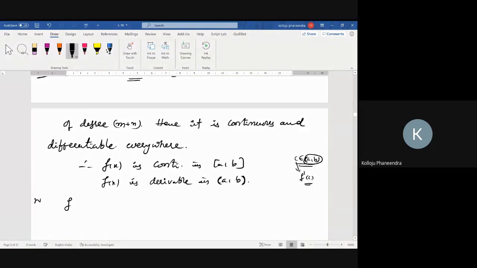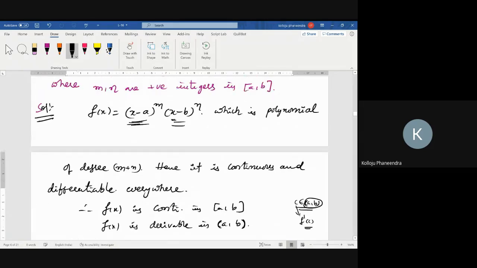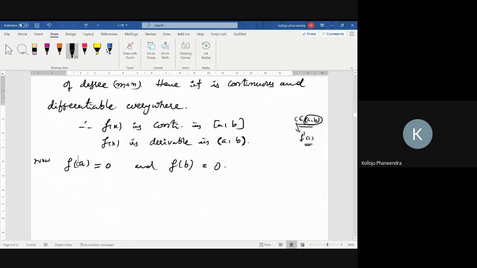Now, what is f of a? Clearly, a minus a, that is 0. And what is f of b also? If I put x equal to a and x equal to b in this function, both become 0. f of a equal to f of b equal to 0. Clearly, f of a equal to f of b.